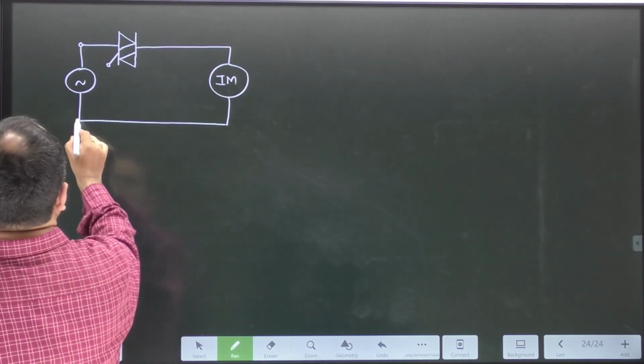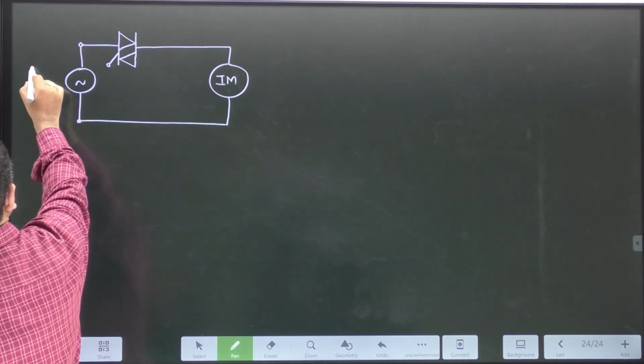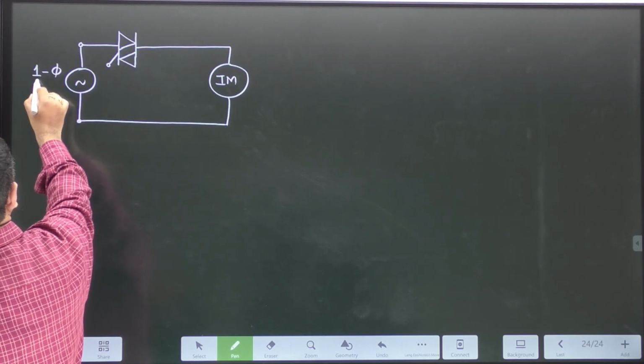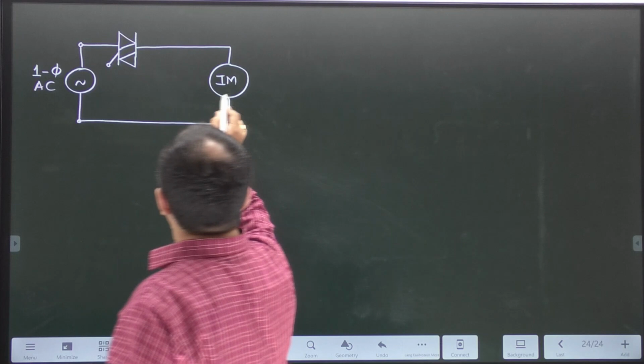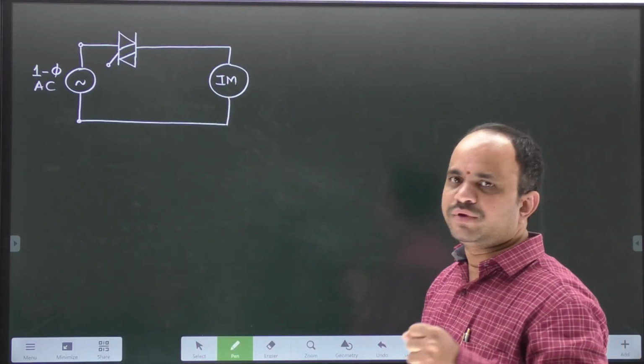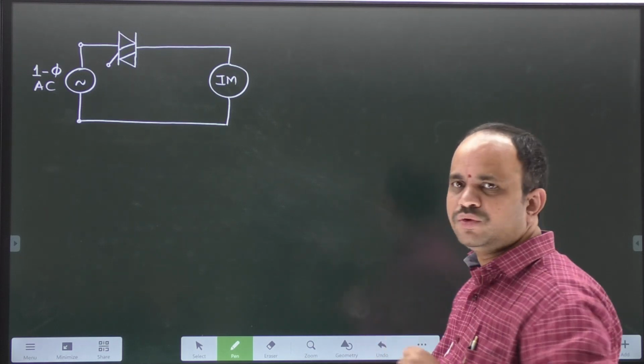In case of single phase AC supply, you can draw this circuit with a triac. This is an induction motor. So this is the power electronic circuit that will give you voltage control.